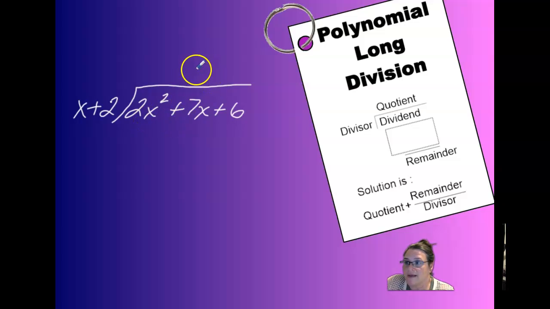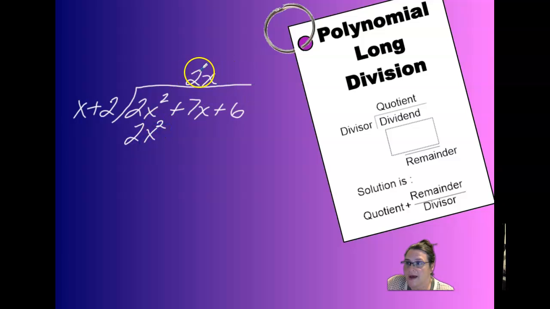So I'm going to write that result in the x column of my place values, right? So now I have a 2x up here in my quotient, and I'm going to distribute when I multiply. So 2x times x in my divisor is 2x squared.